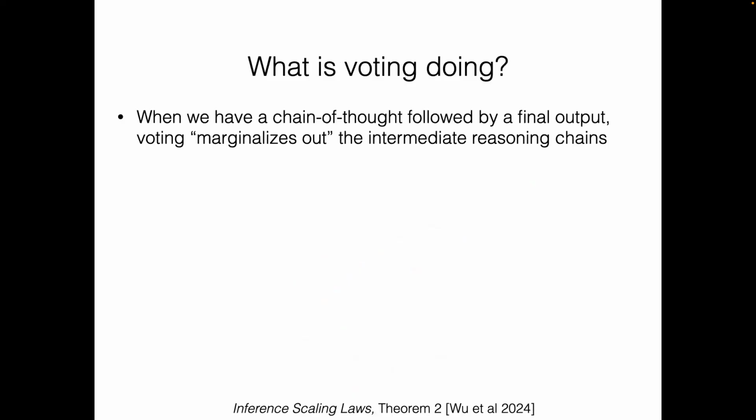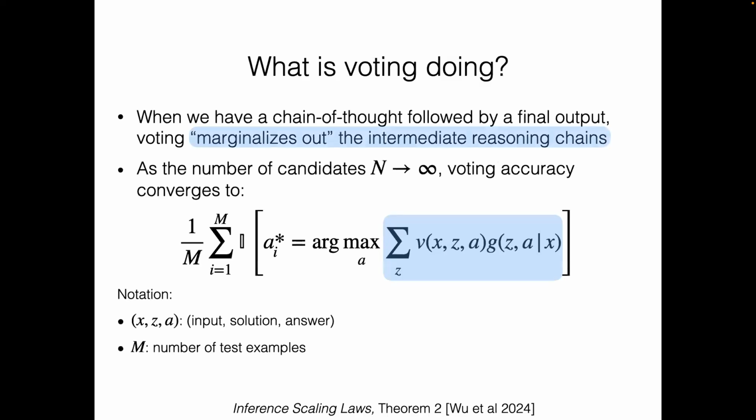So if you want to think about what this is doing in a principled way, then first, intuitively, if you imagine you have these multiple chains of thought and then you have some answers, then in some sense it's averaging over, or summing over, or marginalizing out the intermediate reasoning chains that are leading to an answer. So this is from one of our papers. You can actually formalize this idea, and you can show that as the number of candidates goes to infinity, then the voting accuracy will converge to this thing shown here.